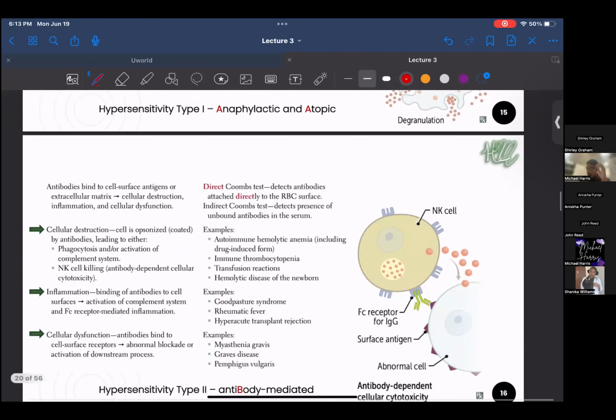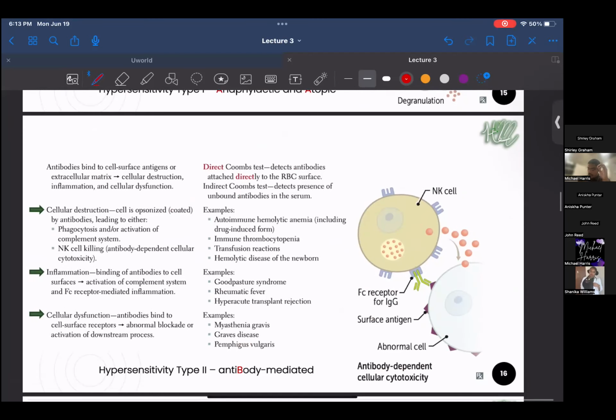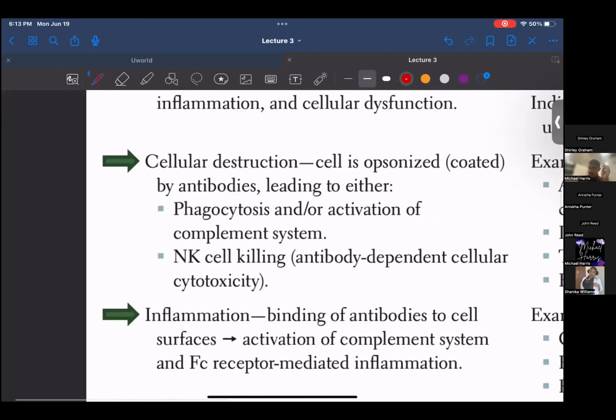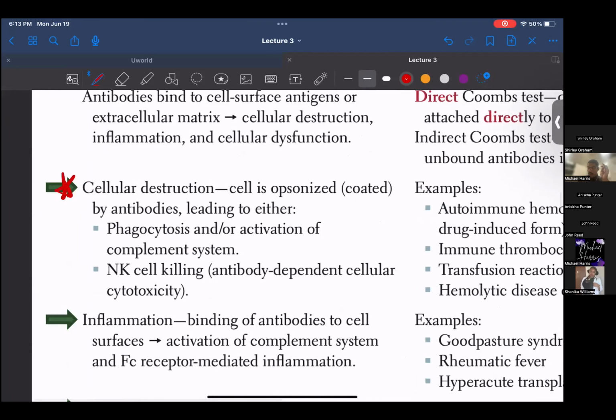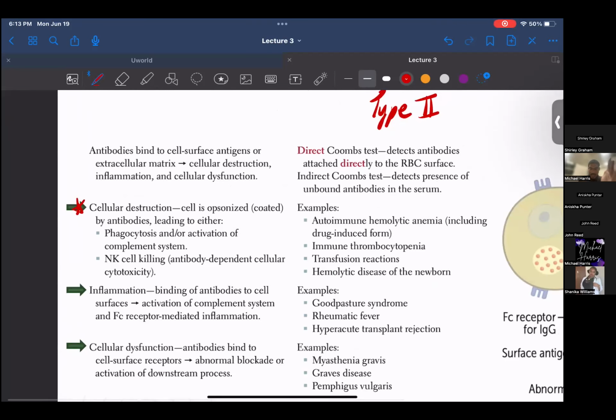Now, here is type 2. And just like we talked about, there's a cellular destruction one. They bind to it and they cause death of the cell. Okay? Now, since they're binding to the cell, this is via antibody-dependent cellular cytotoxicity, so via that Fc receptor, CD16.